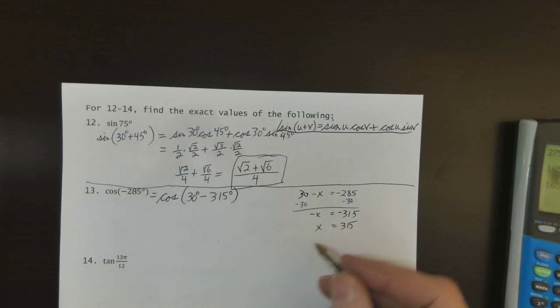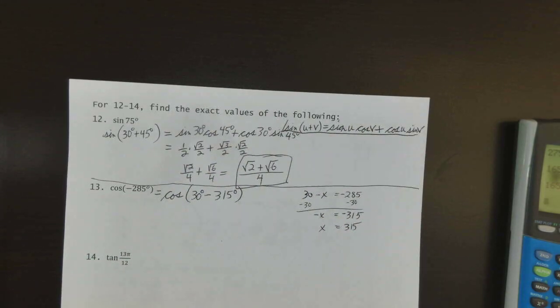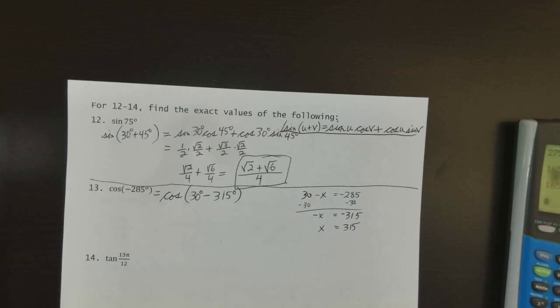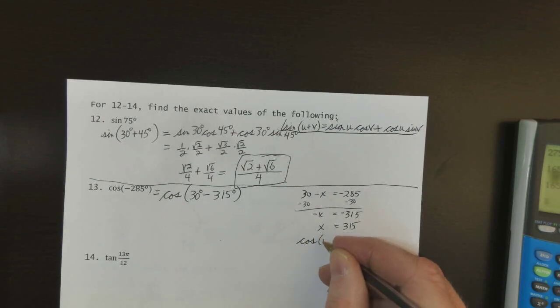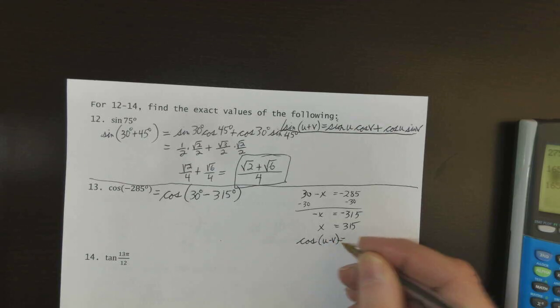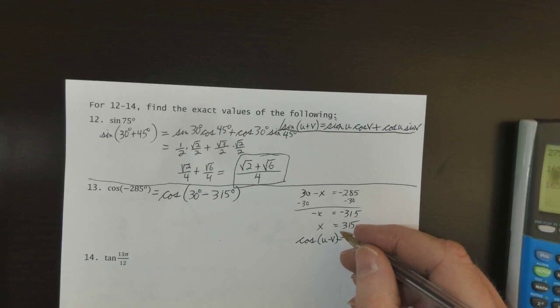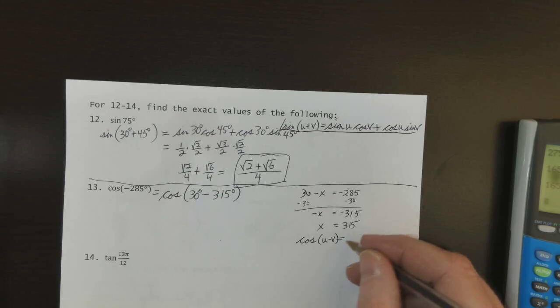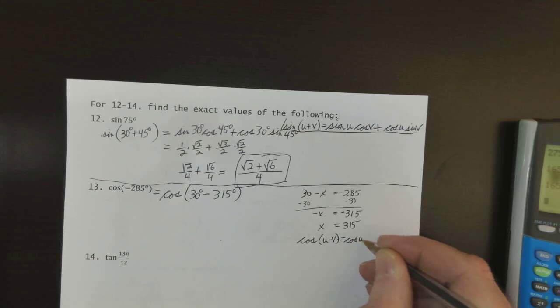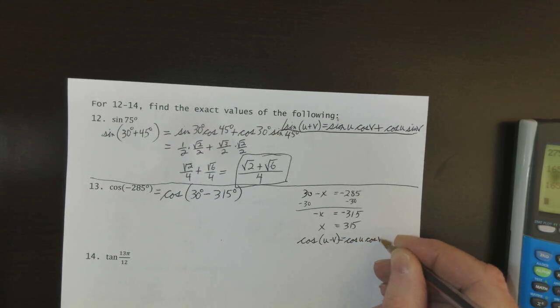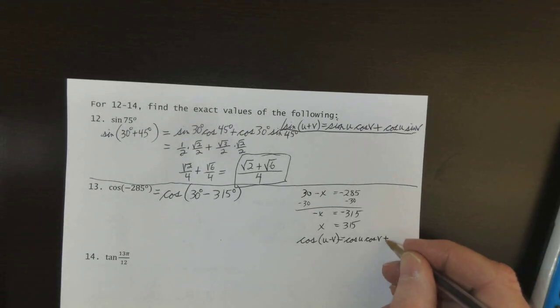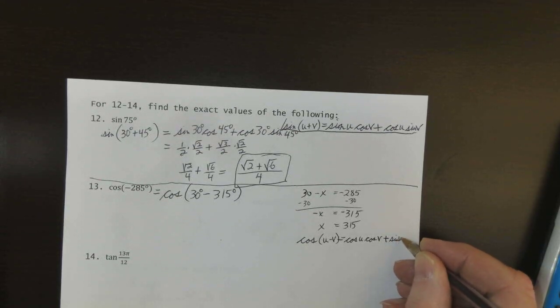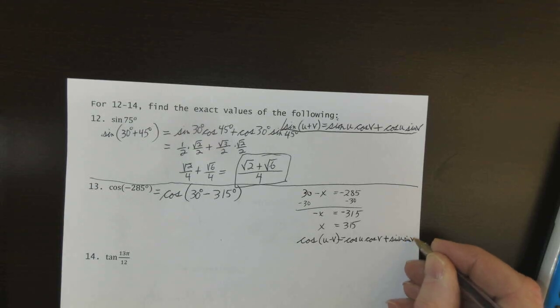And the cosine difference is, I'll write that over here: cosine of u minus v equals cosine u cosine v plus sine u sine v.